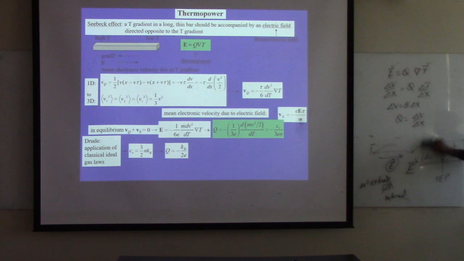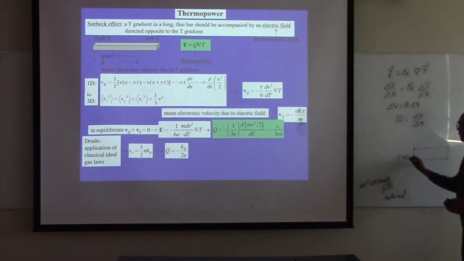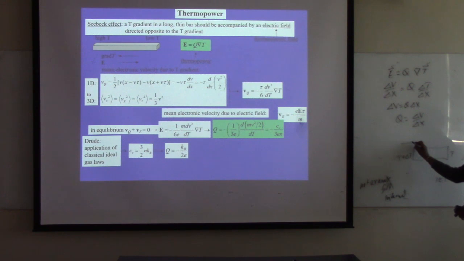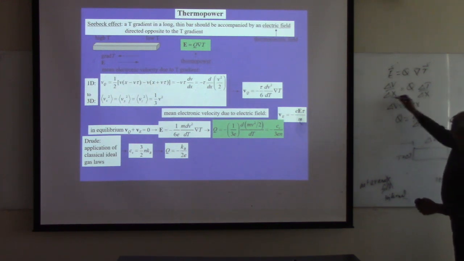So this means if I maintain a temperature difference delta T between these two ends, and I have a potential difference delta V here, then Q is defined as how much voltage per unit delta T, because this delta x cancels, right?